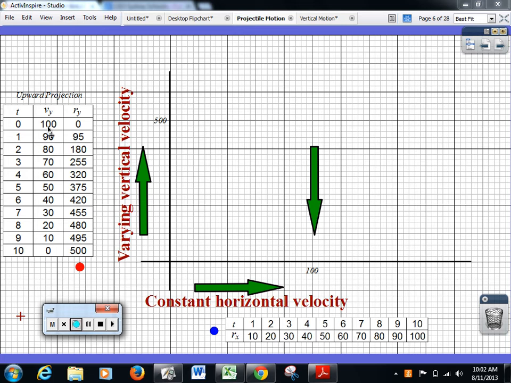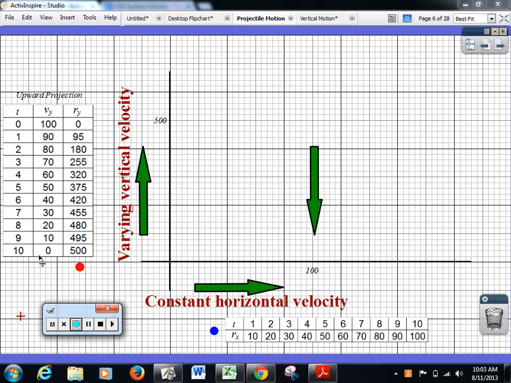Eventually, at the top of the flight, it goes down to 0 metres per second. Do we expect that to happen? What's causing it to get slower and slower? Right, it's gravity. The acceleration of the force of gravity is pulling the ball down, and that accelerates it towards the centre. Even though it's moving away, it's been accelerated downward.